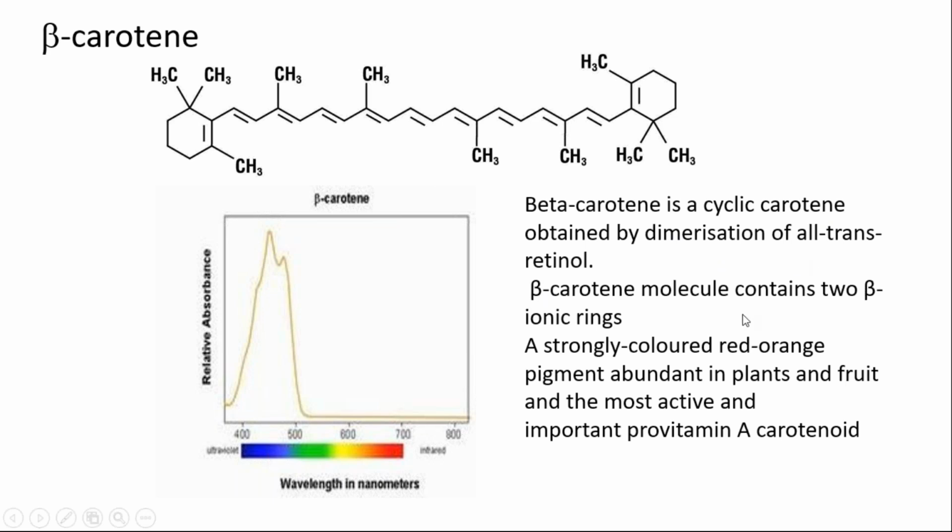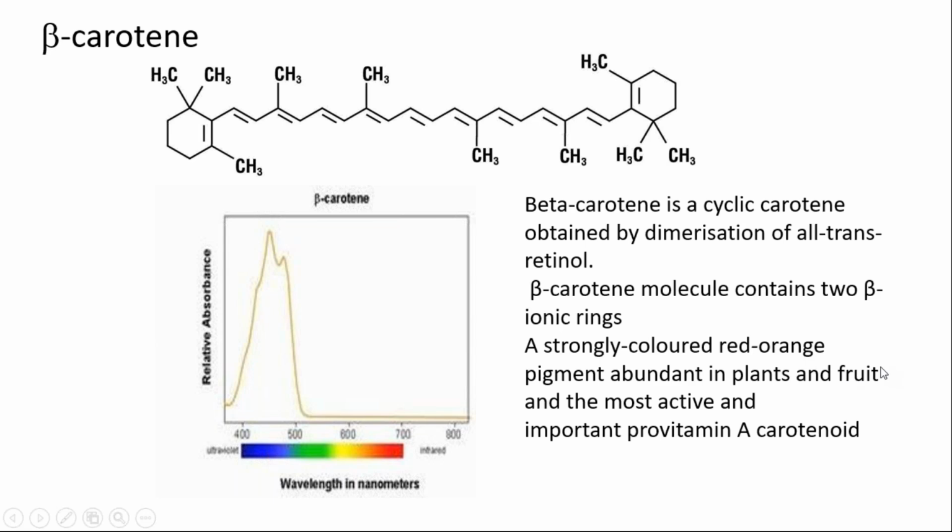Beta carotene is a strongly colored red orange pigment because it absorbs the light in the region of 400 to 500, that is the blue region, so it appears as red and orange.